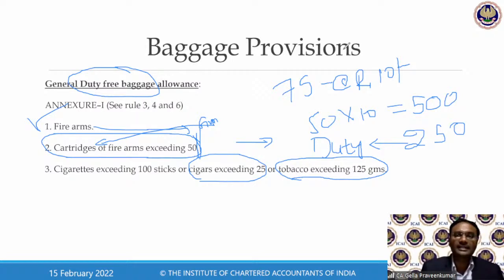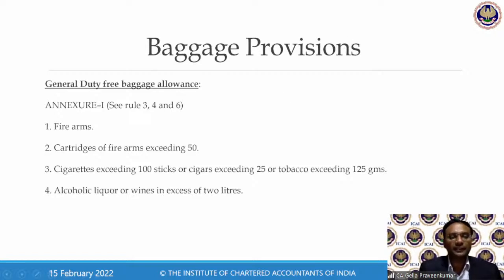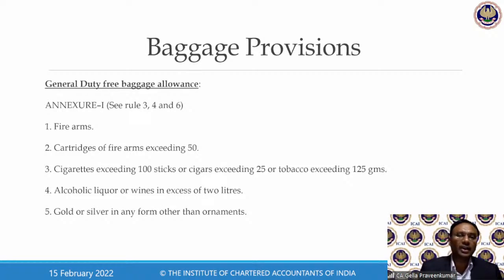Now, these are few things which you need to understand. Alcoholic liquor or wine in excess of 2 liter. Gold or silver in any form other than ornaments. So, duty free, they allow ornaments, not gold and silver in bullion form.